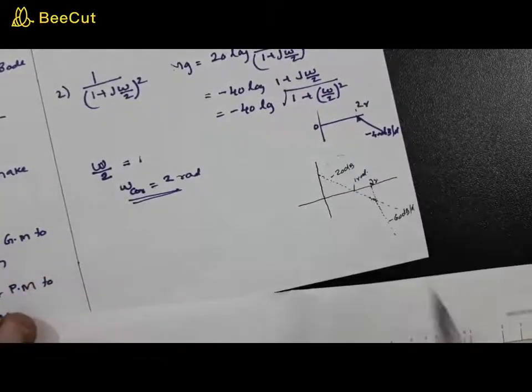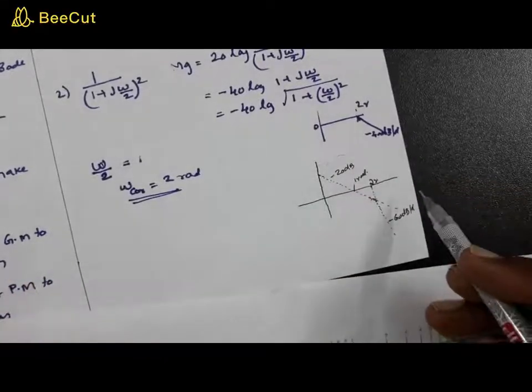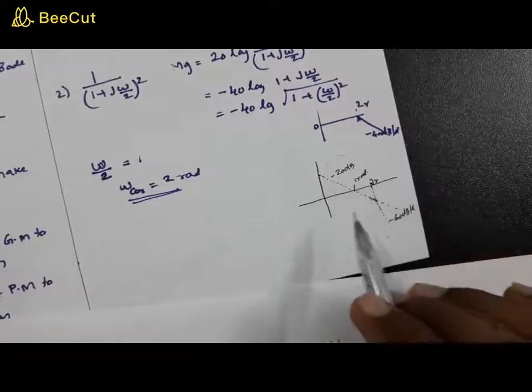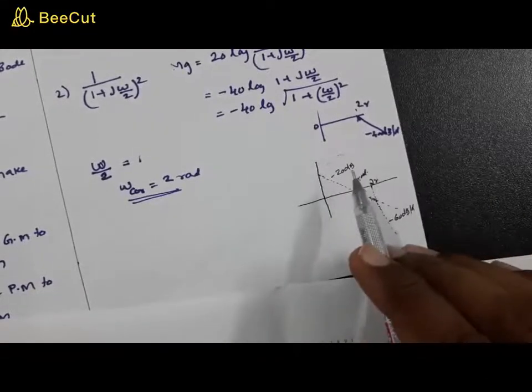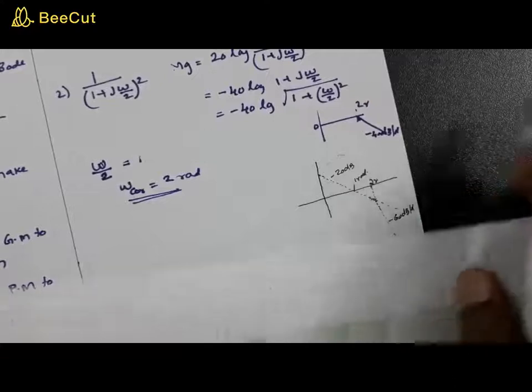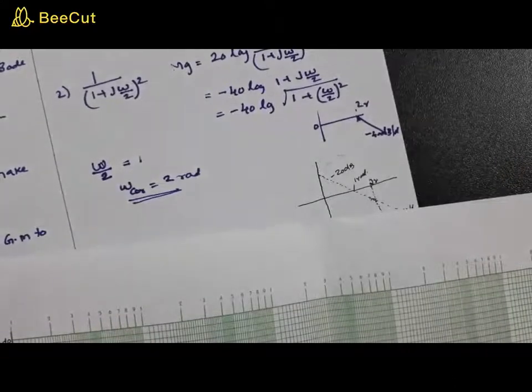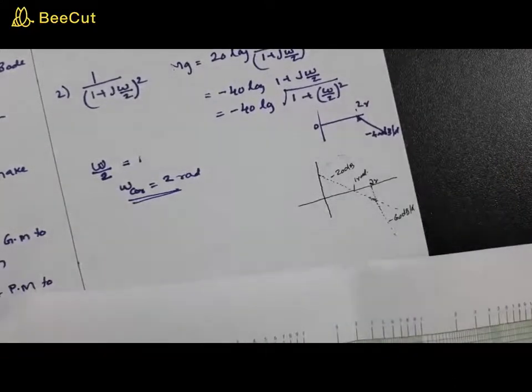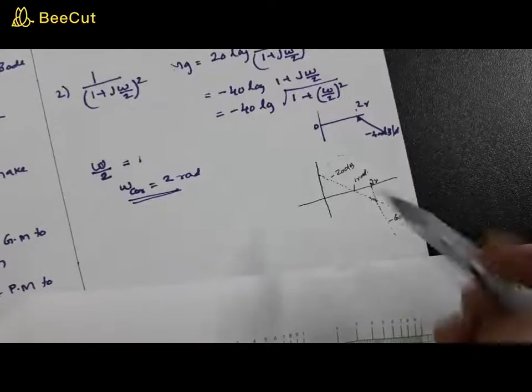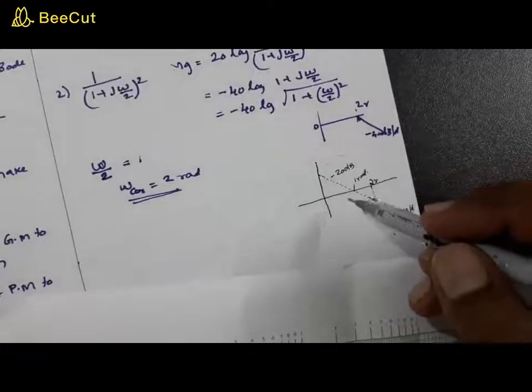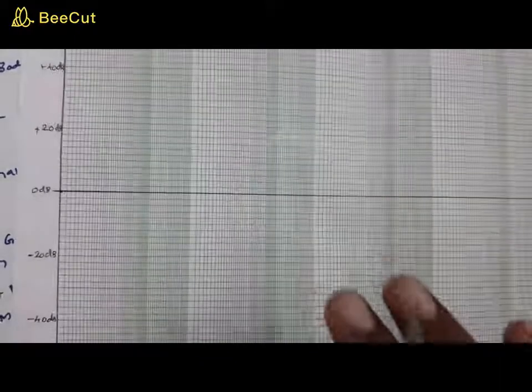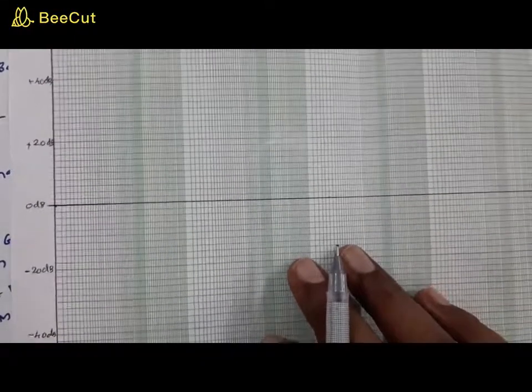So you should have an idea about the plot before plotting that in a semi-log graph paper. You should have an idea about how this graph looks like. So you must have a rough plot on your paper. Then you may transform that into a semi-log graph paper.